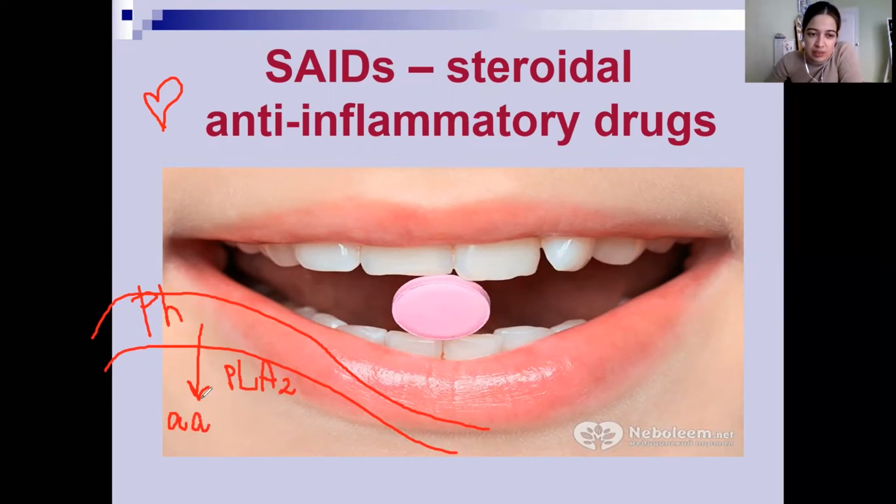With the help of this enzyme, from phospholipids, arachidonic acid is formed. Then arachidonic acid is affected by cyclooxygenase 1 or 2 enzymes and forms the cyclic endoperoxides like prostaglandins and thromboxane and so on. Prostaglandins, leukotrienes, by the way, and thromboxane.